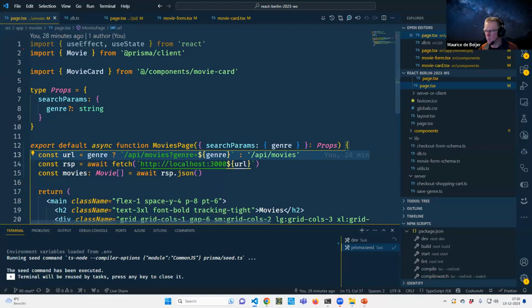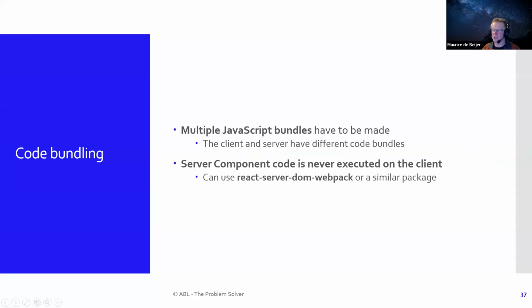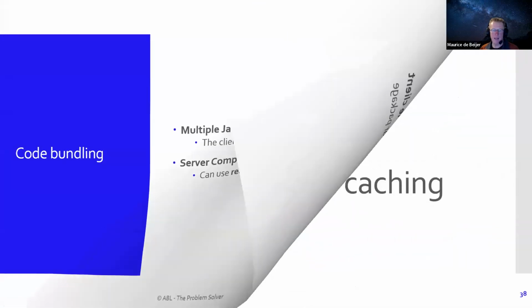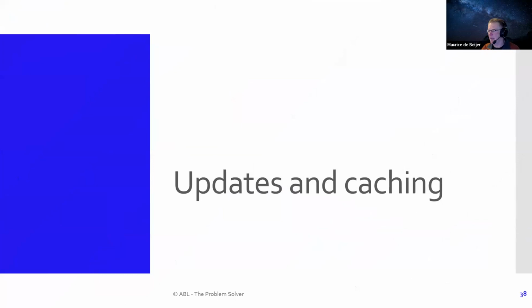So the whole bundling process there is quite a bit more involved, as is serving up the right code and all of that. That's why you need something like Next or Waku, or in the future Remix, a capable server like that, which has a lot of functionality.